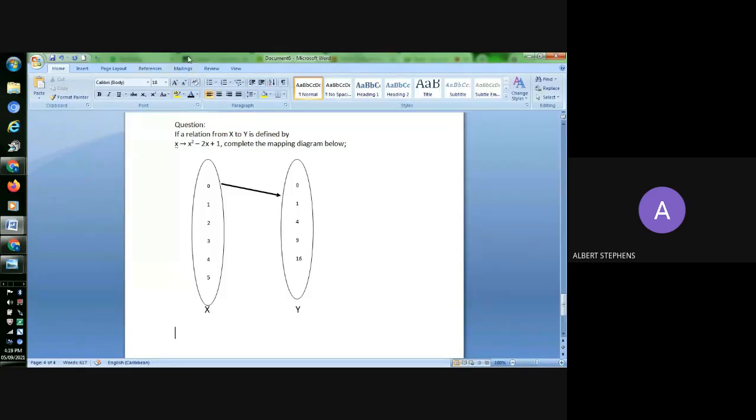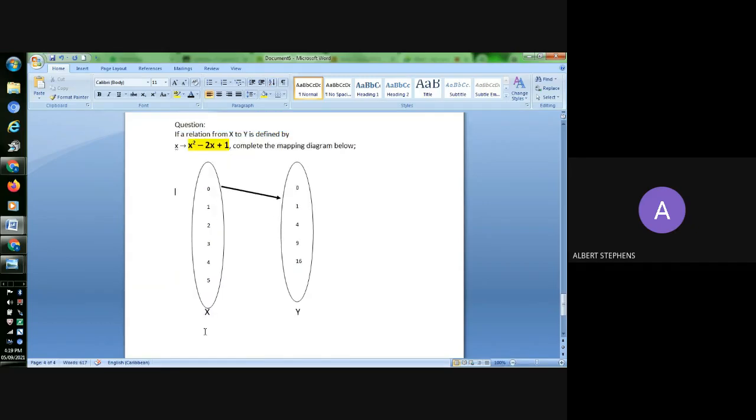So basically, it says if a relation from x to y is defined by this, so this is our formula. What did they say? They input 0 in this equation, and when they input 0, they get 1.